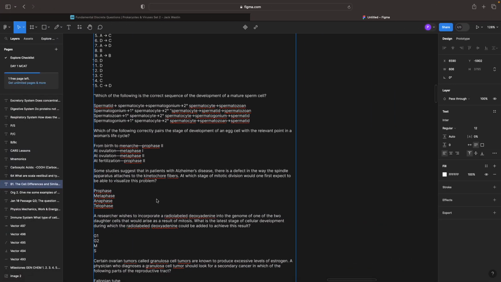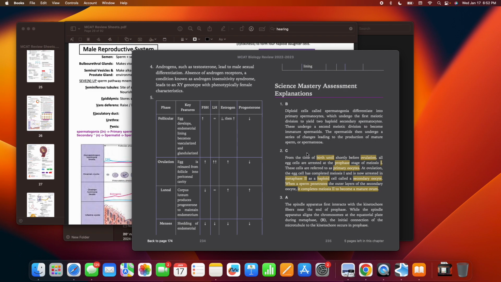Oh, so I did actually get it right, but I answered it incorrectly now, because the spindle apparatus attaching to the kinetochore fibers, that is like the centrioles going to the two opposite poles, and that is in prophase. In metaphase, the chromosomes meet in the middle, and they separate in anaphase.